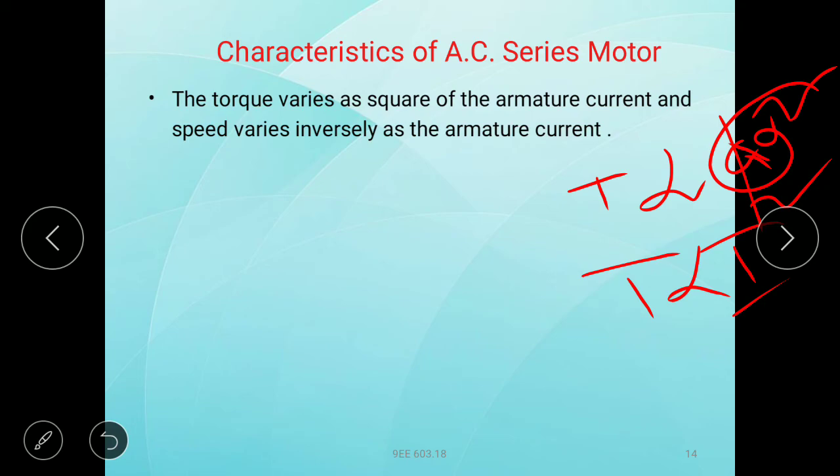So the torque varies as the square of the armature current and the speed varies inversely as the armature current.